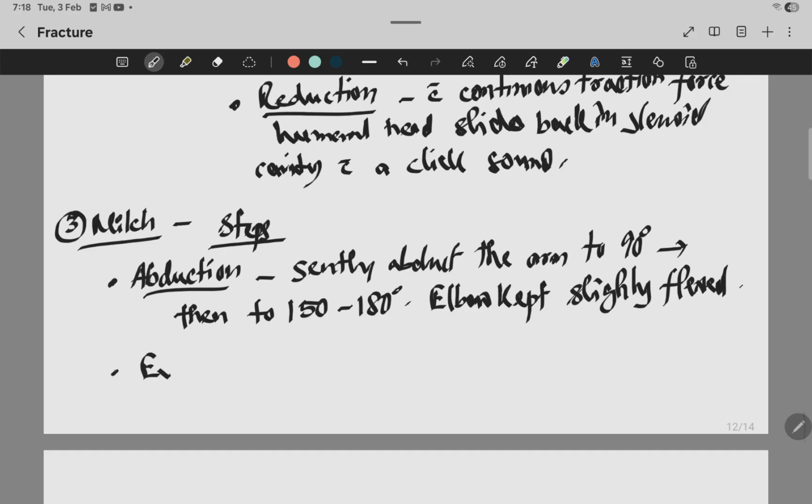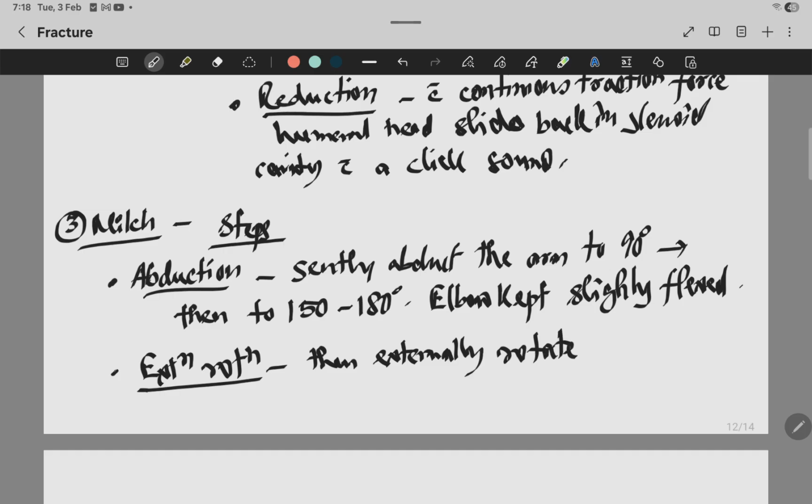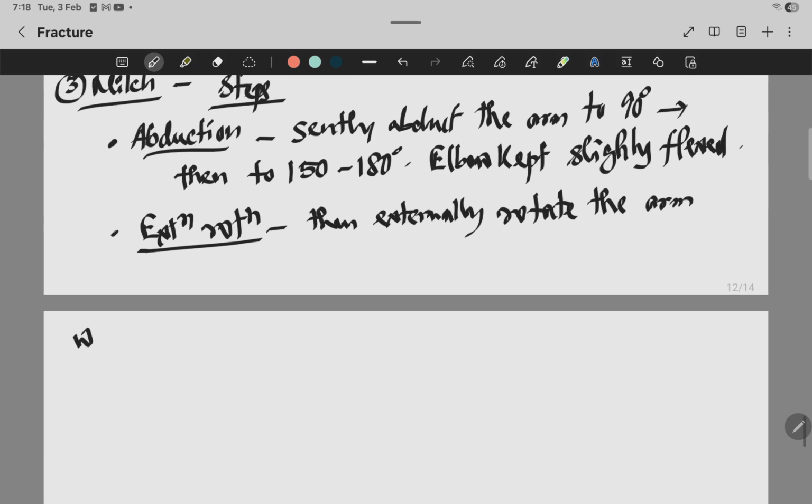Next step is the external rotation. After this abduction, slowly externally rotate the arm while maintaining the abduction.